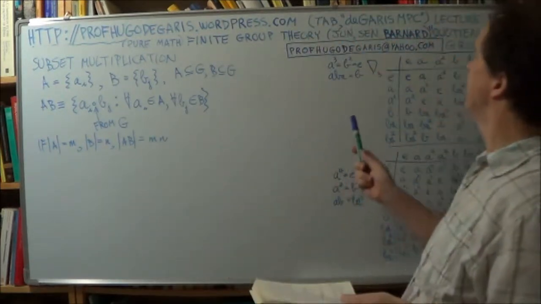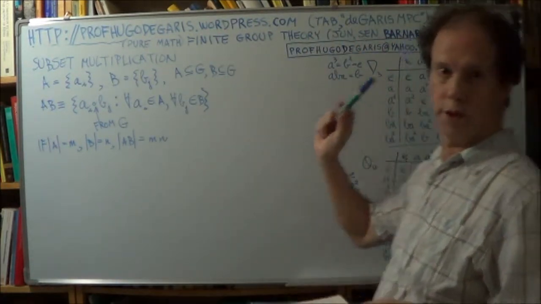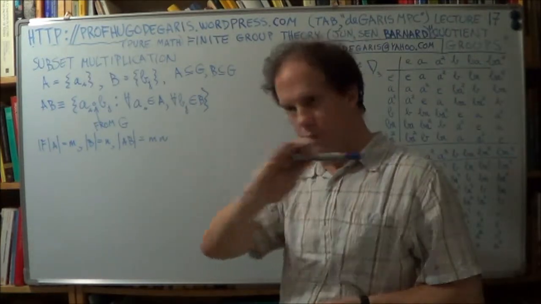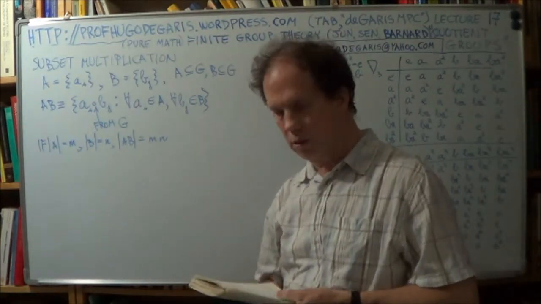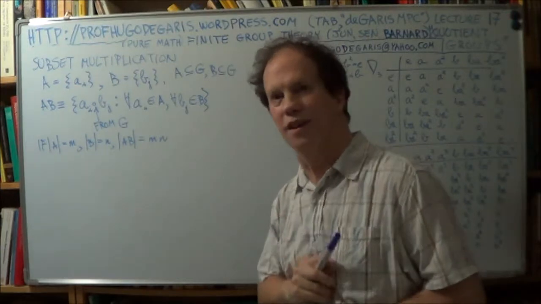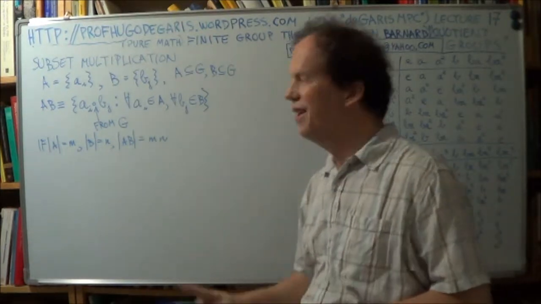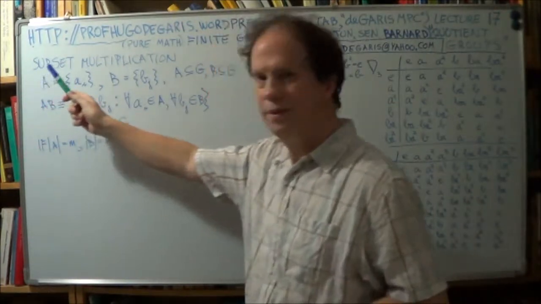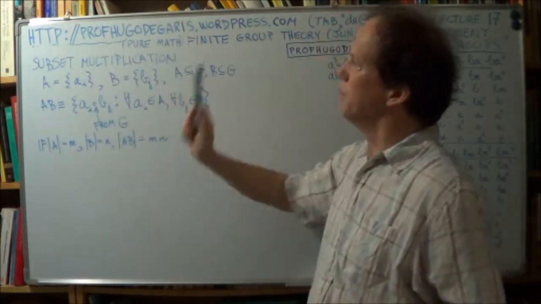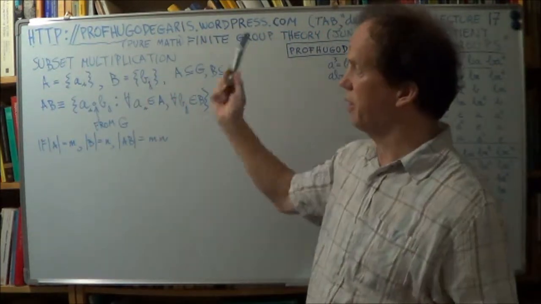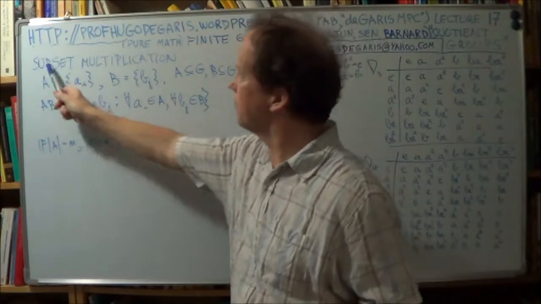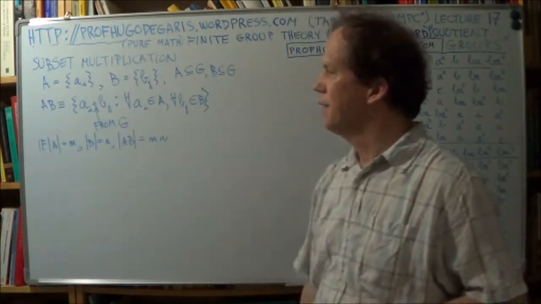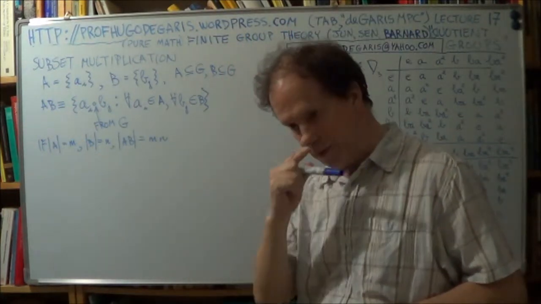Now, Barnard, the first author of this text, uses some utterly forgettable, long-winded term that I have no intention of using. I simply call it subset multiplication because that's what's going on, in a sense multiplying two subsets. So we'll do some examples of that.